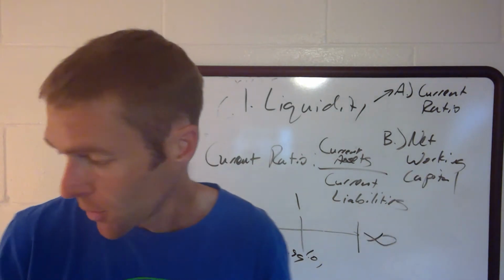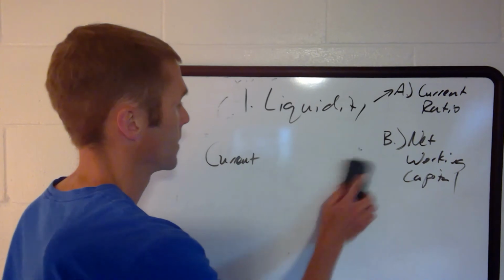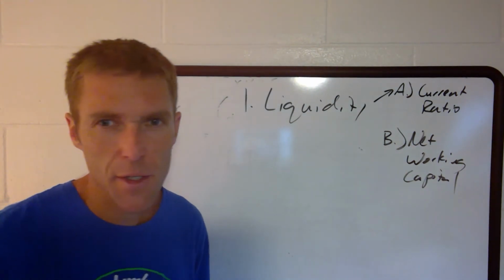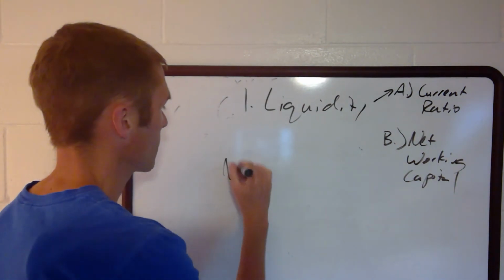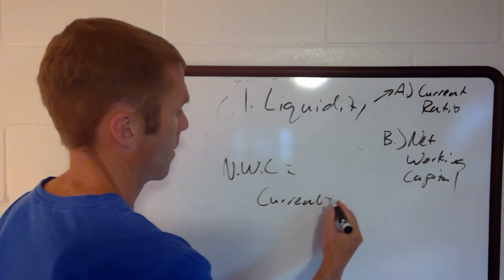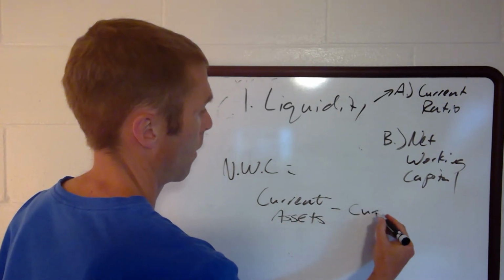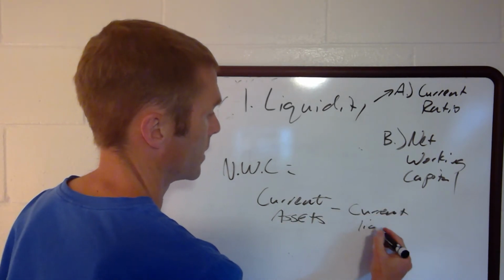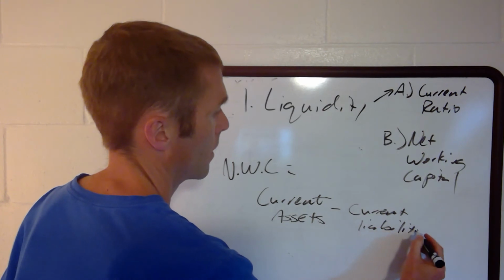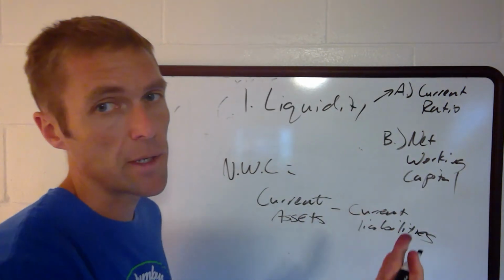Net working capital is related to the current ratio. In fact, it uses, and sometimes this is called working capital, current assets minus current liabilities. Now remember, before I said your current ratio could be infinity.